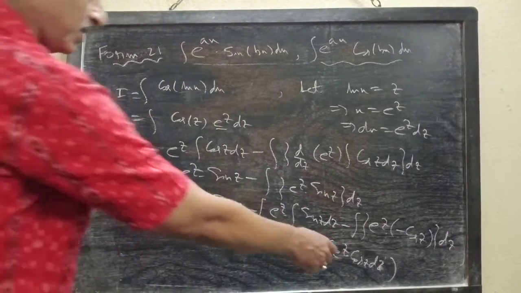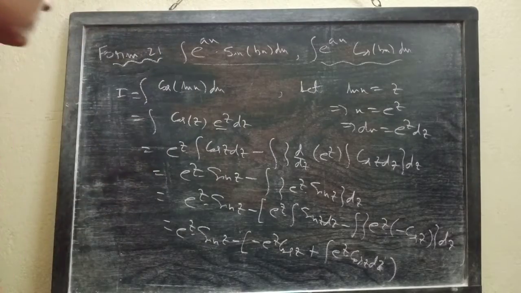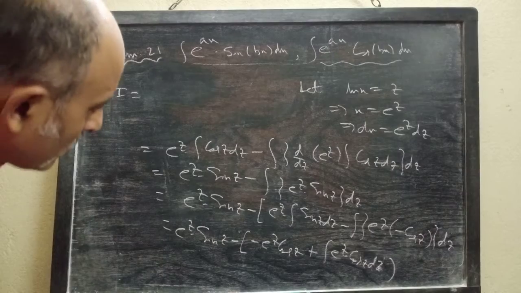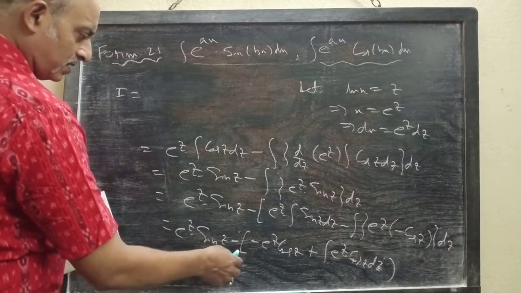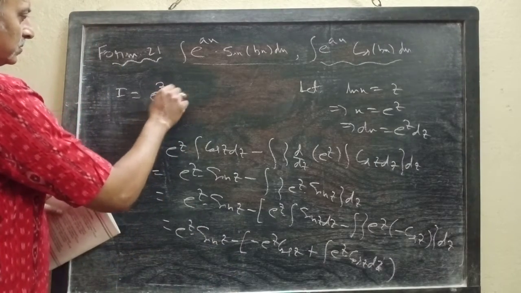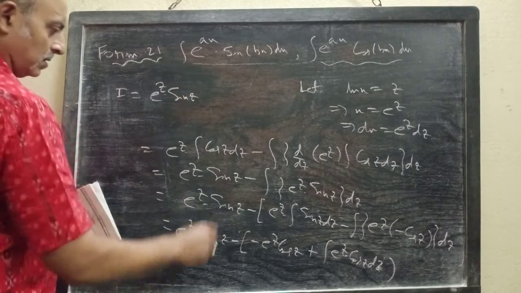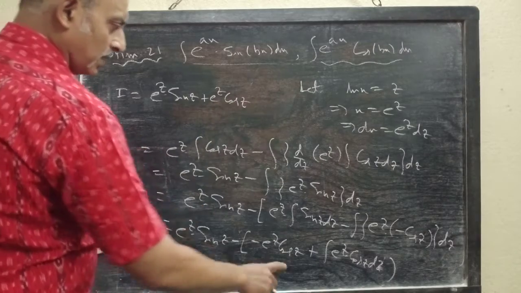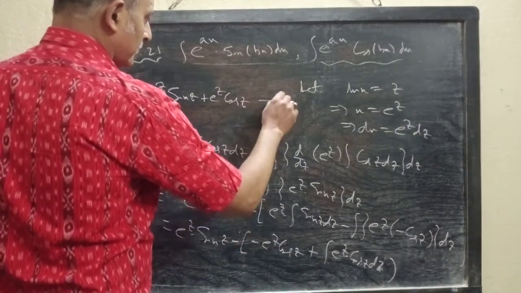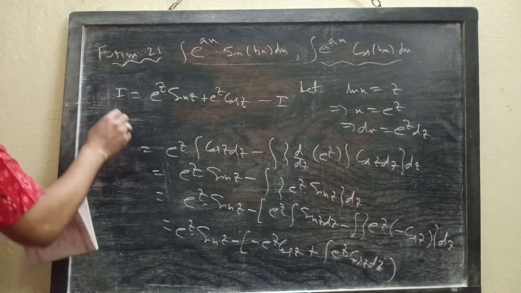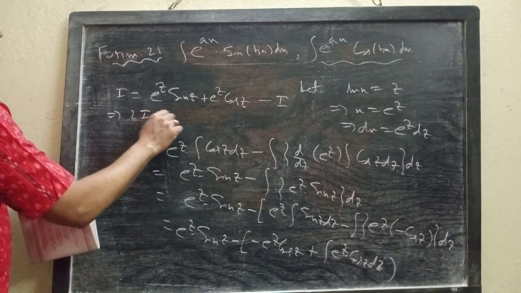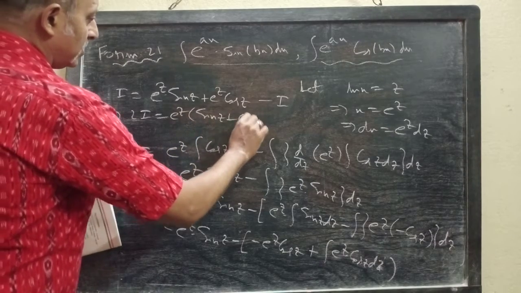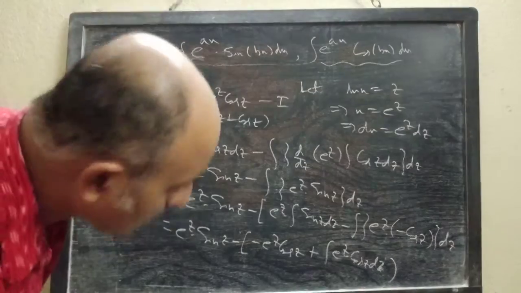Look, I reappears here. We get e to the power z sin z plus e to the power z cos z and then minus I. So you get 2I equals e to the power z into sin z plus cos z.